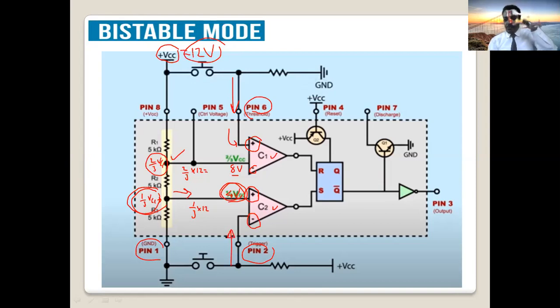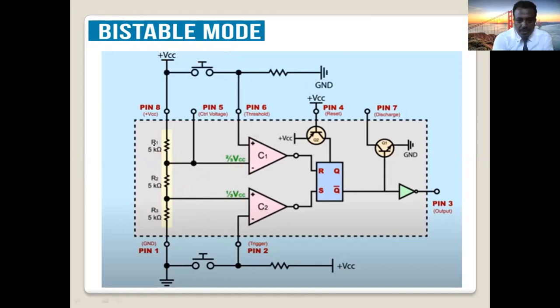You see, we have 2 comparators. Comparator C1 checks your input at pin 6. Comparator C2 checks your input at pin 2. The 2 inputs are connected to the 2 comparators. So this is 8 volts fixed, and this is 4 volts from the battery divided. Now here, pin number 6 is connected to VCC through a switch.